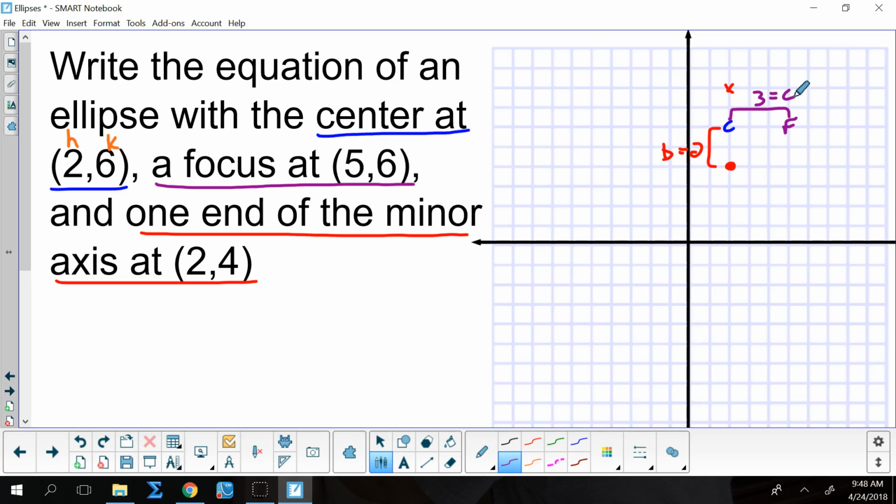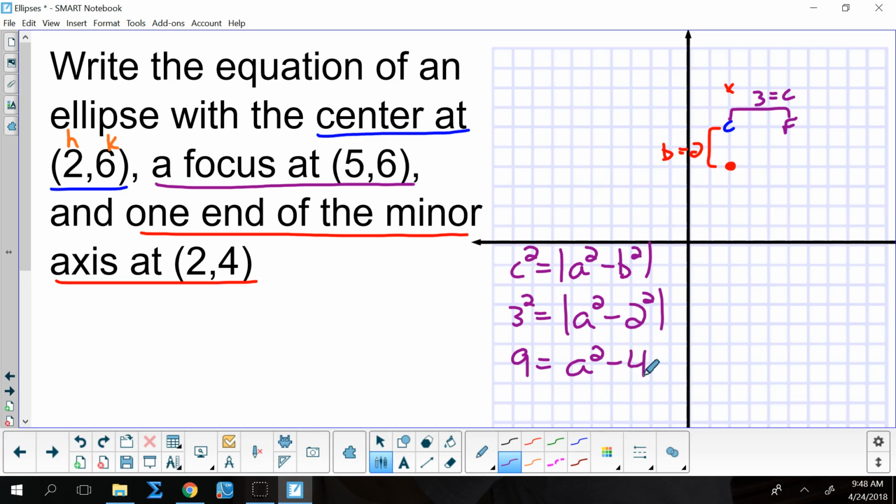So then we're going to use our foci rule. c squared, which is 3 squared, equals a squared minus 2 squared, right? So 9 is equal to a squared minus 4. I don't care about the negative part. I don't need it to be negative. It's a distance. Everything squared, be gone. So a squared is 13.